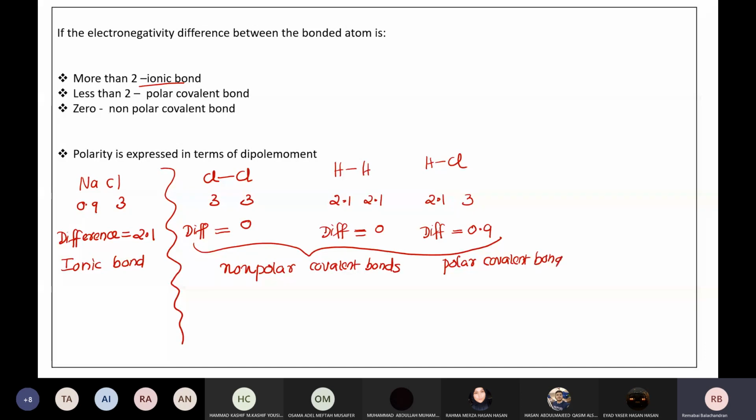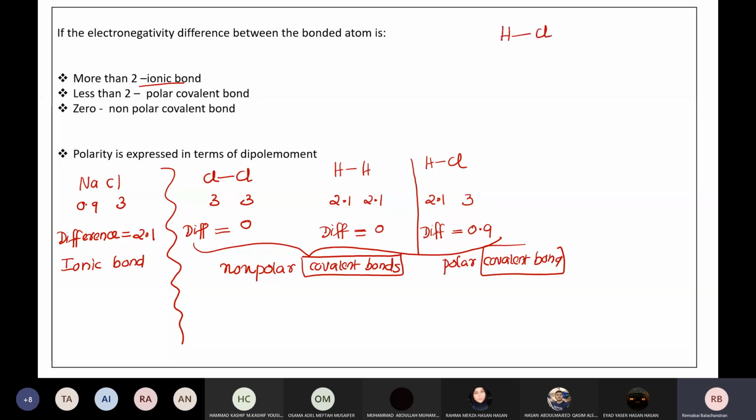Okay. Is it clear? Yes, doctor. This is covalent, this also is covalent, but this particular one is polar and these ones are non-polar. Is it okay now?